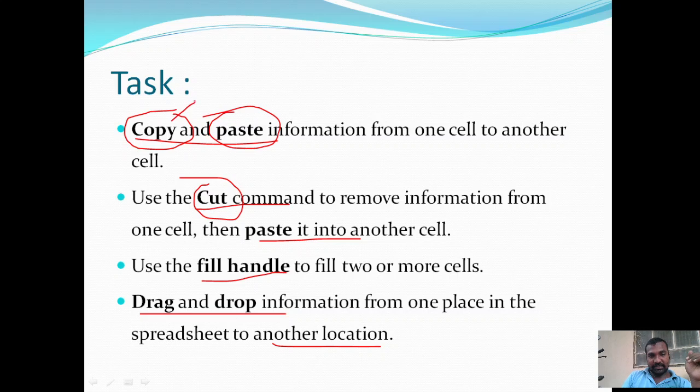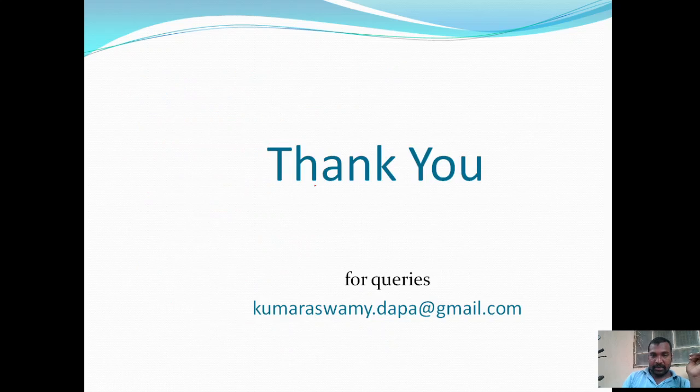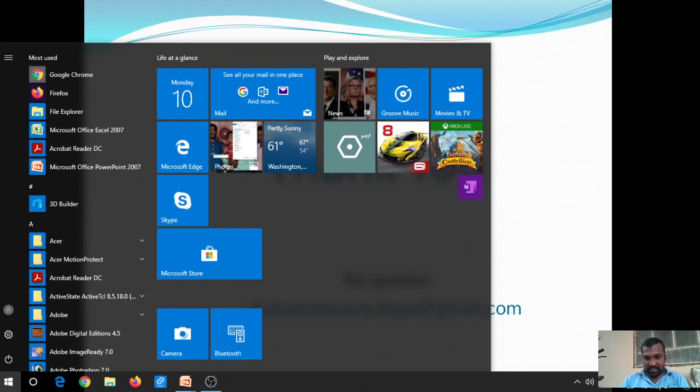For copying we use Control plus C, for paste Control plus V, and for cut Control plus X. So hold down the Control button and press C for copying, V for paste, X for cut. So this is about today's session, and let us discuss the practical version of today's session.